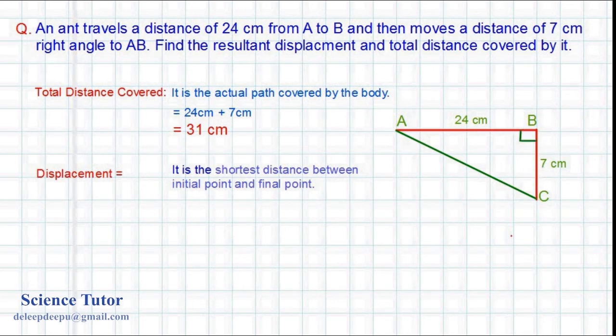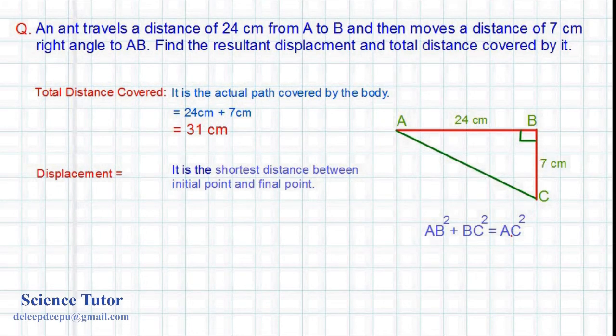According to Pythagoras theorem, you know that AB square plus BC square is equal to AC square. Here we know AB is equal to 24 and BC is equal to 7.